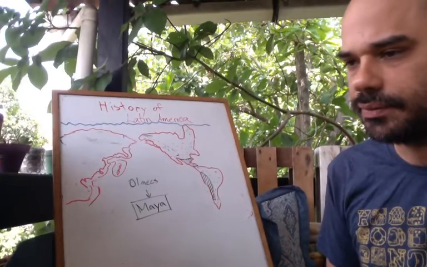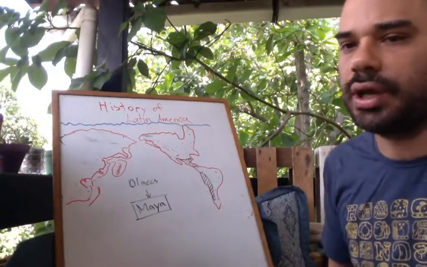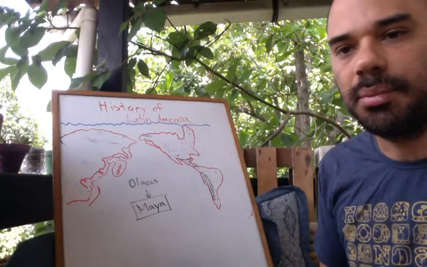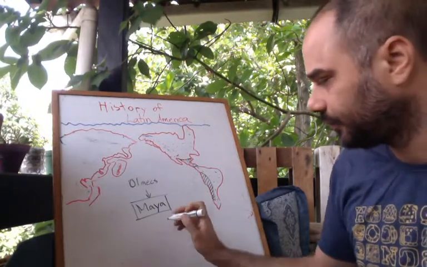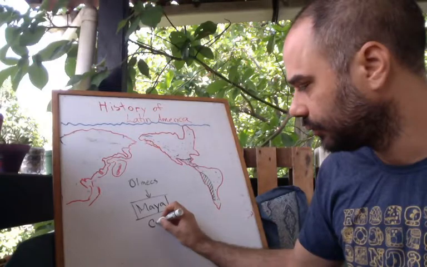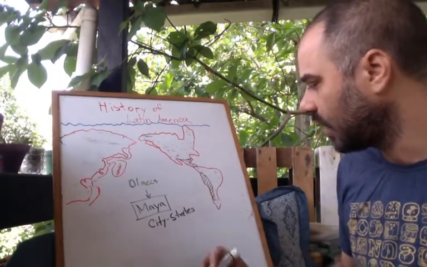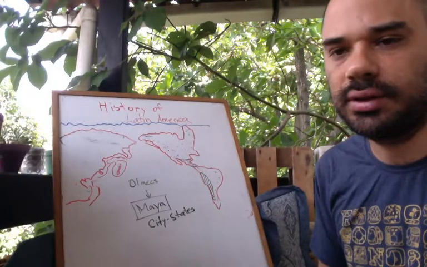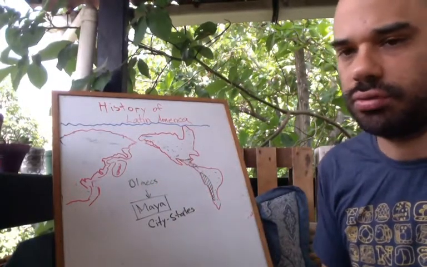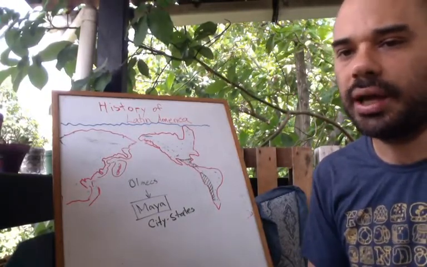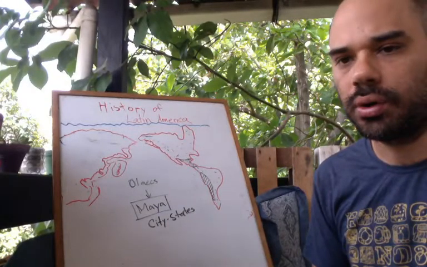And they were like the Greeks in a sense that they did not make an empire. They had different city-states. That means that they did not have an empire. Each of the cities was independent, ruled by a local king.